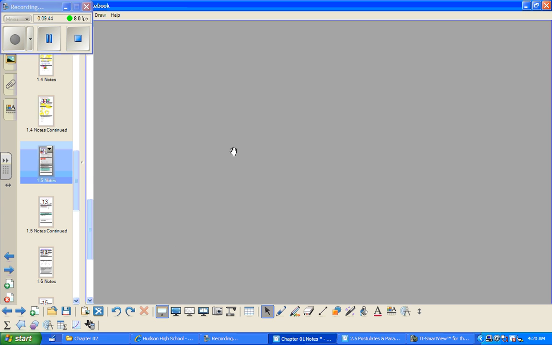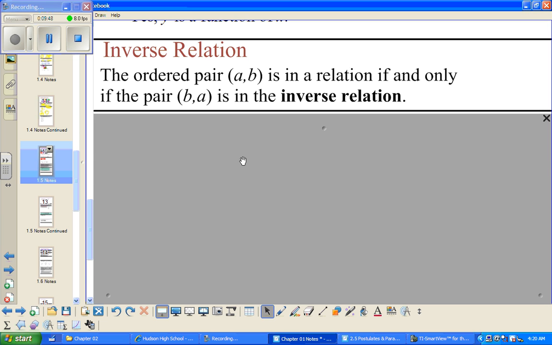We also have, let me scroll this down, what's called an inverse relation. The ordered pair (a, b) is in a relation if and only if the pair (b, a) is in the inverse relation.